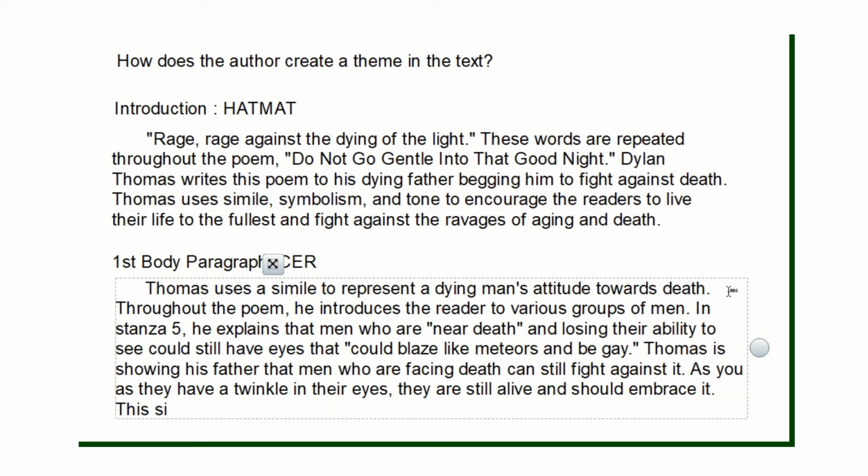Now I'm concluding. Remember, our conclusion is we got to kind of reword the claim. So this simile, now I'm pointing out again that it's a simile, compares, how do we want to word this? It says blind eyes could blaze like meteors. Oh, it compares life to the bright light in a person's eyes.